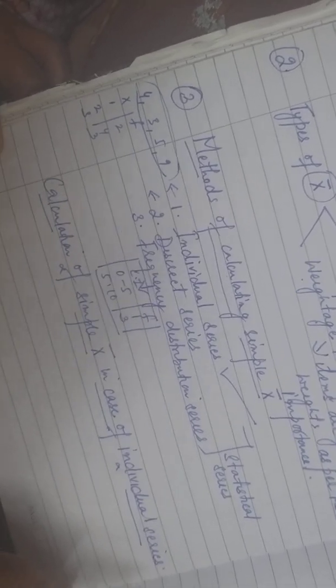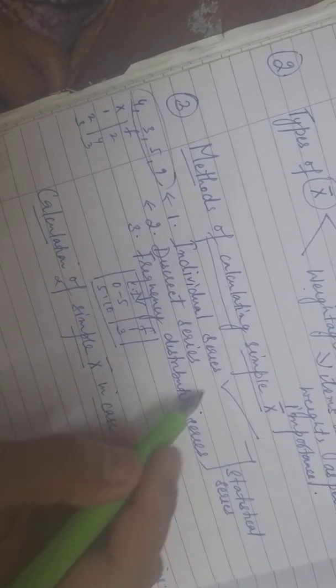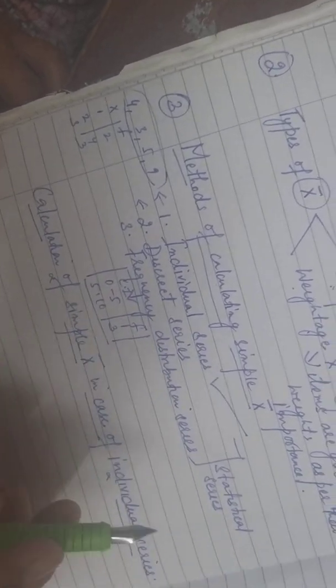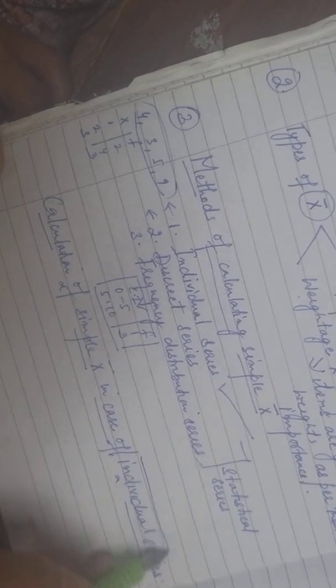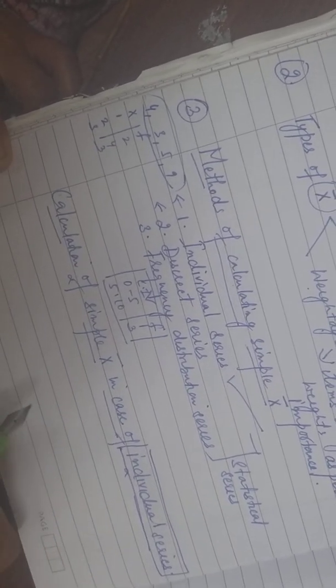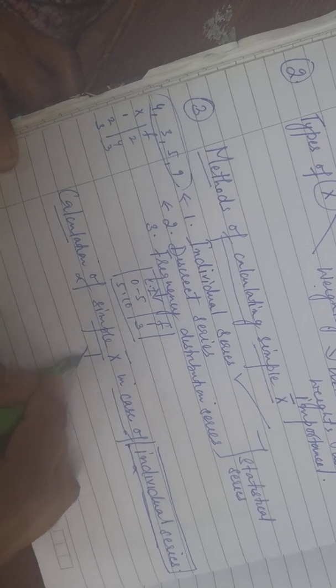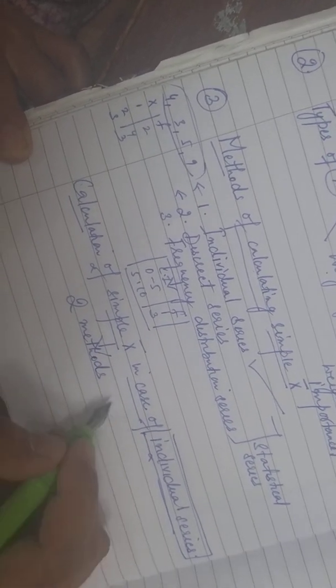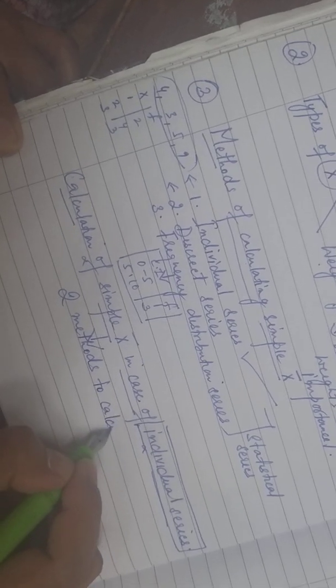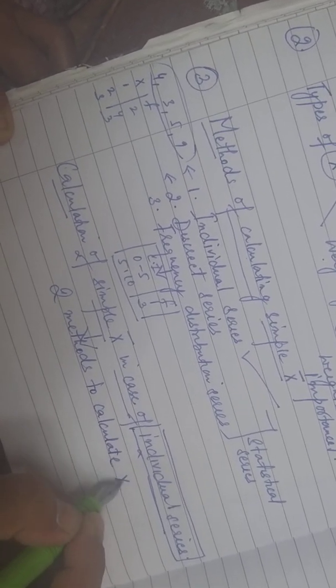to calculate mean in these series, we have different methods. Now first we go for individual series. In this we have two methods to calculate arithmetic mean.